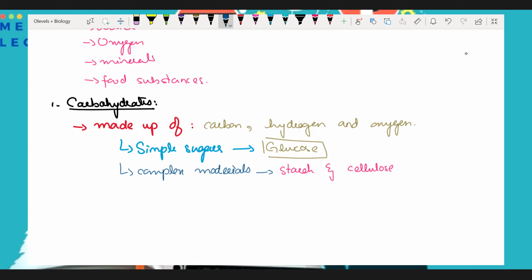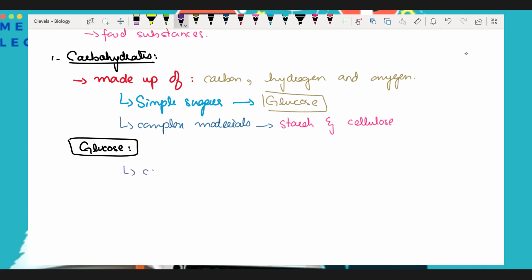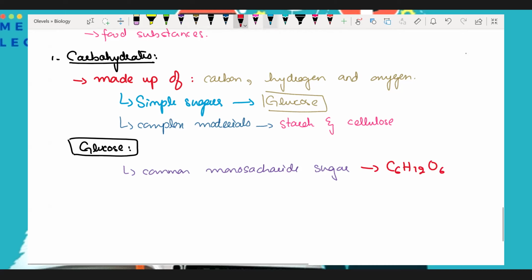Now, what is glucose? It is a common monosaccharide unit or sugar, and it has the formula C6H12O6, right? Usually glucose is shown in a ring structure.